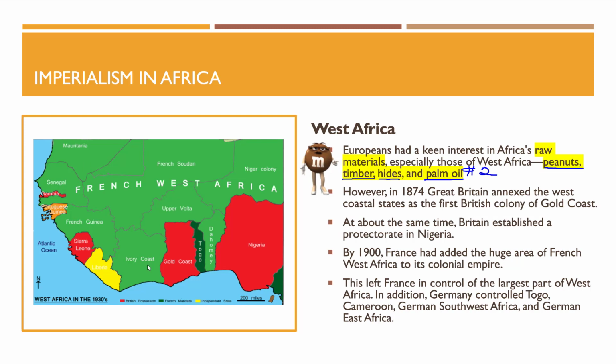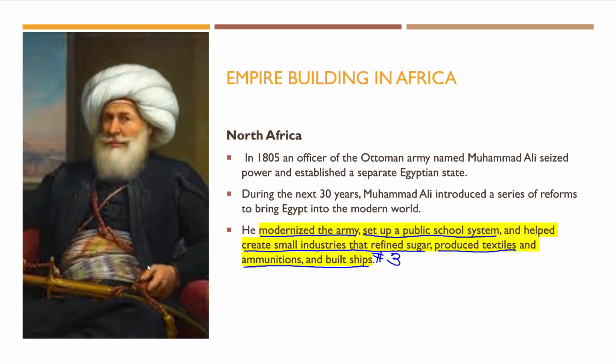So they were still interested in precious metals and resources like ivory and gold and silver, and copper, but they did have their eye on raw materials such as petroleum and iron and timber, peanuts and so forth, so that they can use them in their manufacturing. Okay. All right. So here's number 3.